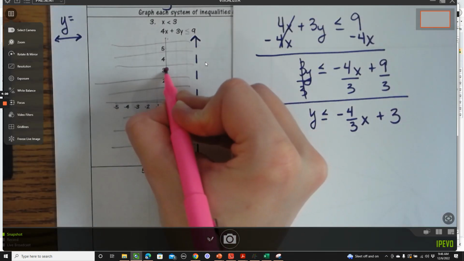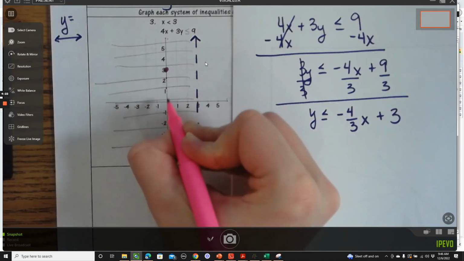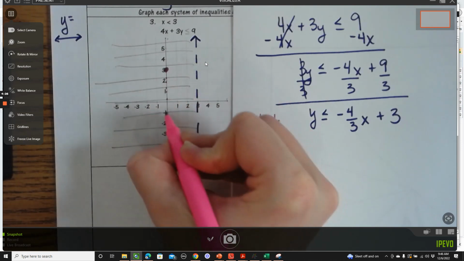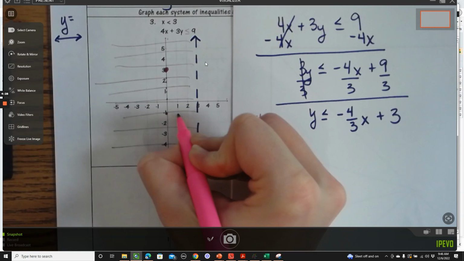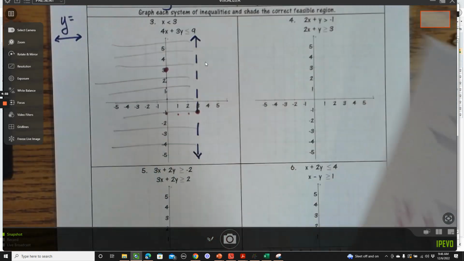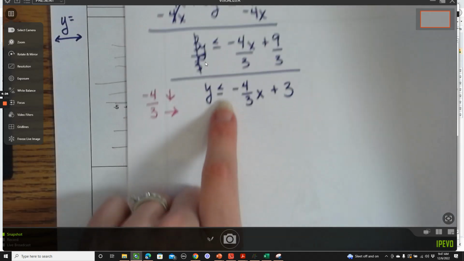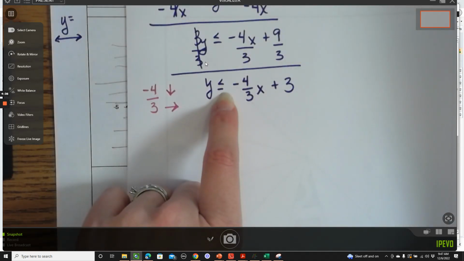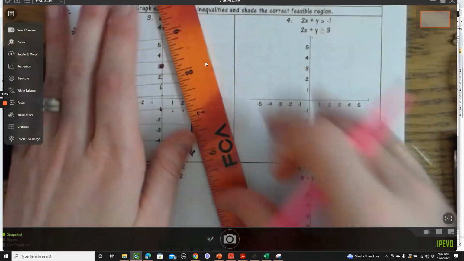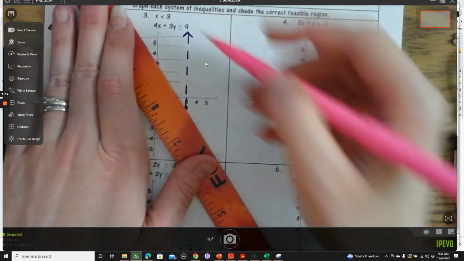So from this point, 1, 2, wait. Let's count a little bit better. 1, 2, 3, 4. And then 1, 2, 3. Now that one, we look at our sign, is solid. So I'm going to connect that one with a solid.